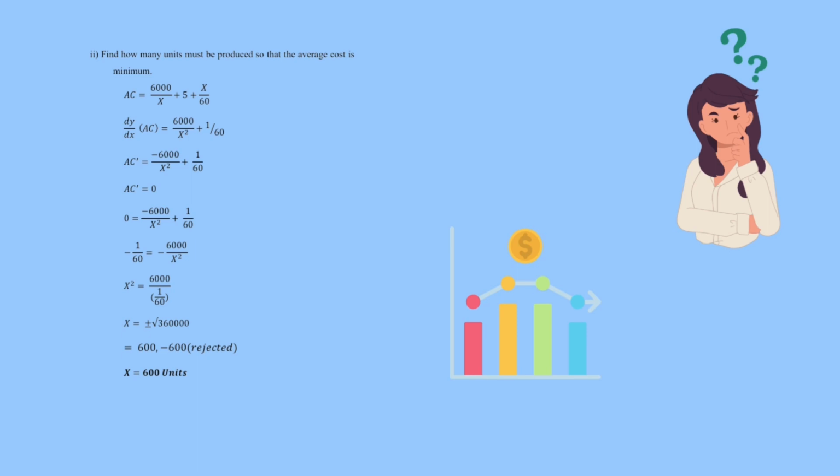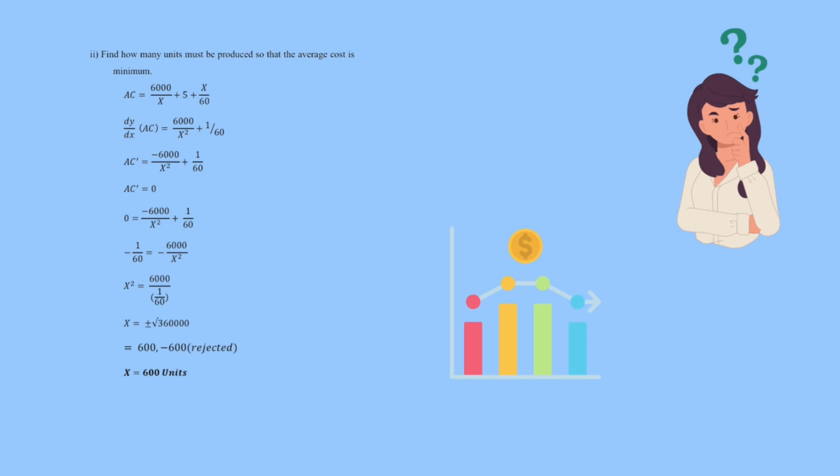To find critical points, we set the first derivative equal to 0 and solve for x. Rearranging the equation, we get 1 over 60 equals 6,000 over x squared. Solving for x squared, we find x squared equals 6,000 over 1 over 60. Simplifying further, x squared equals 6,000 times 60.